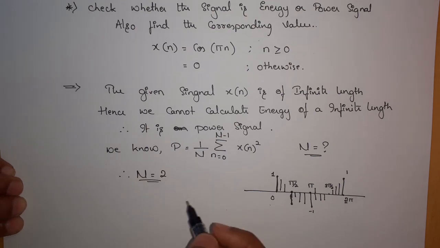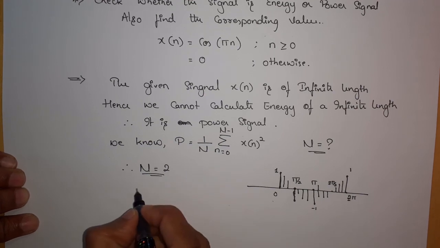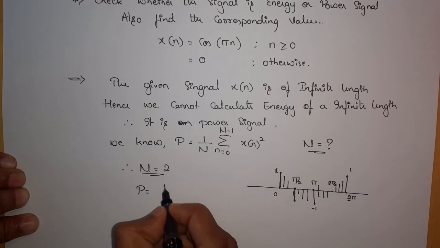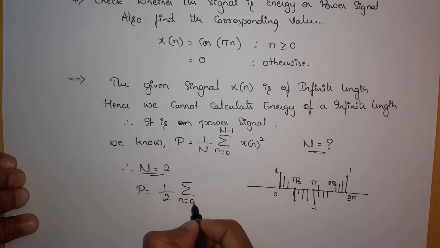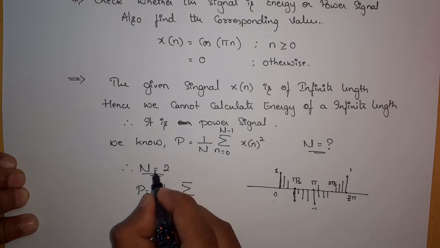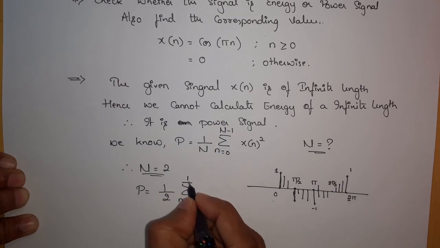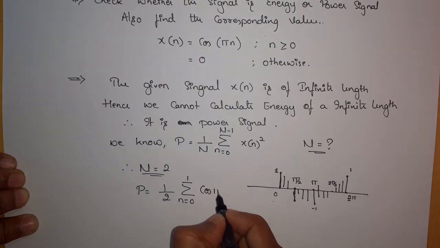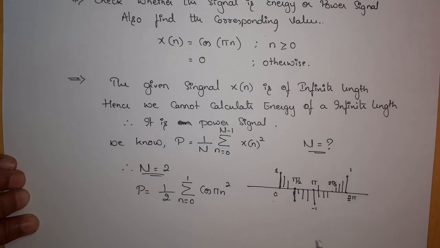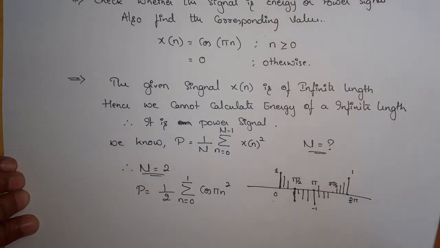Substituting the value here, we will be getting P is equal to 1 divided by N, now 2, summation of n is equal to 0 to 2 minus 1, that is 1, x of n is nothing but cos pi n whole square. Okay, this is what the signal is now.